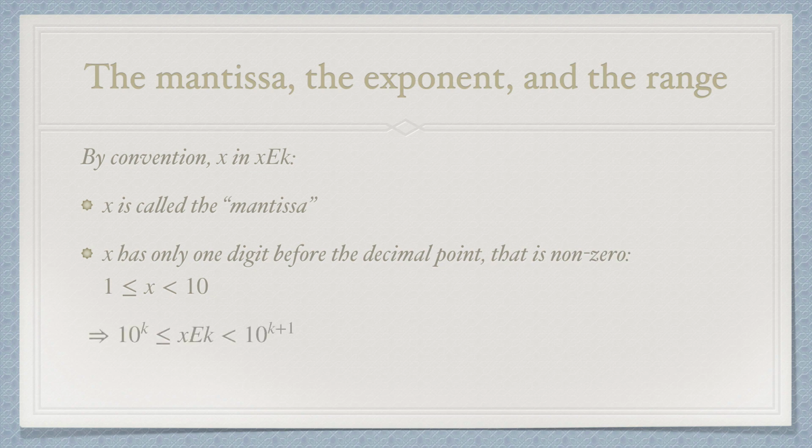So that xek is between 10 to the power k and 10 to the power k plus 1, 10 to the power k plus 1 excluded. Note that negative real numbers are not considered in this video.